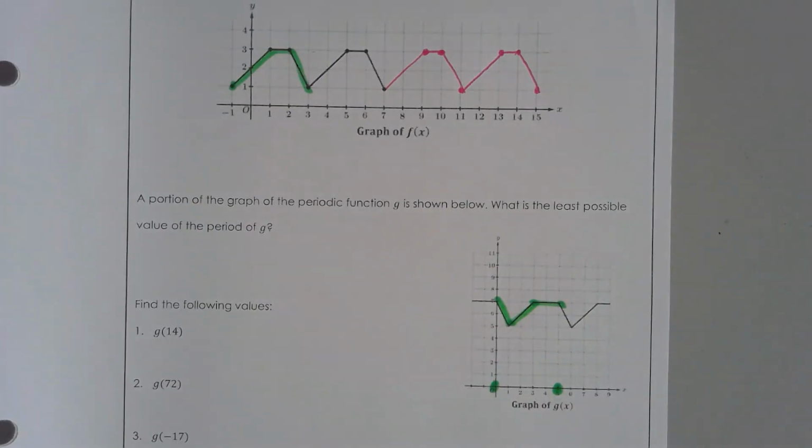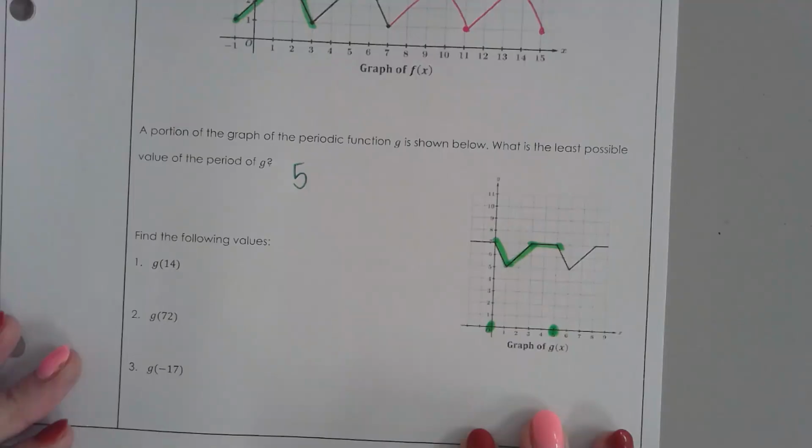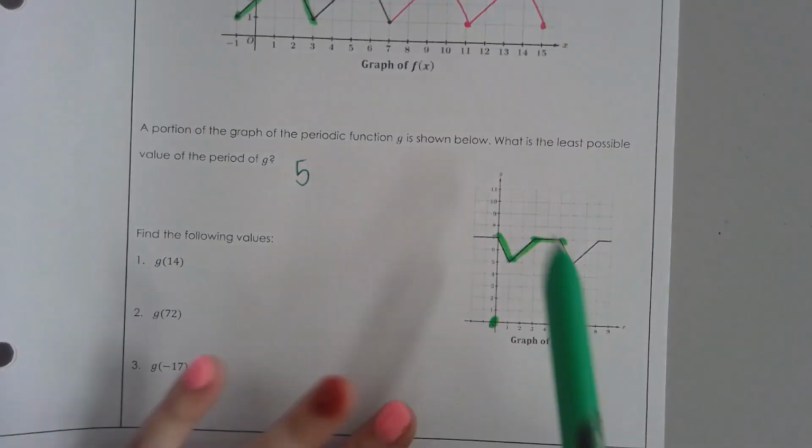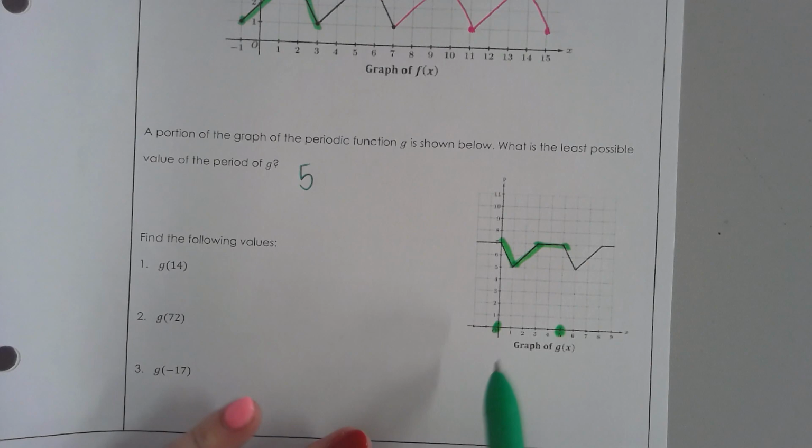Five is how long my period is, 5. But basically, you can pick out any 5 units long, and that would repeat over.